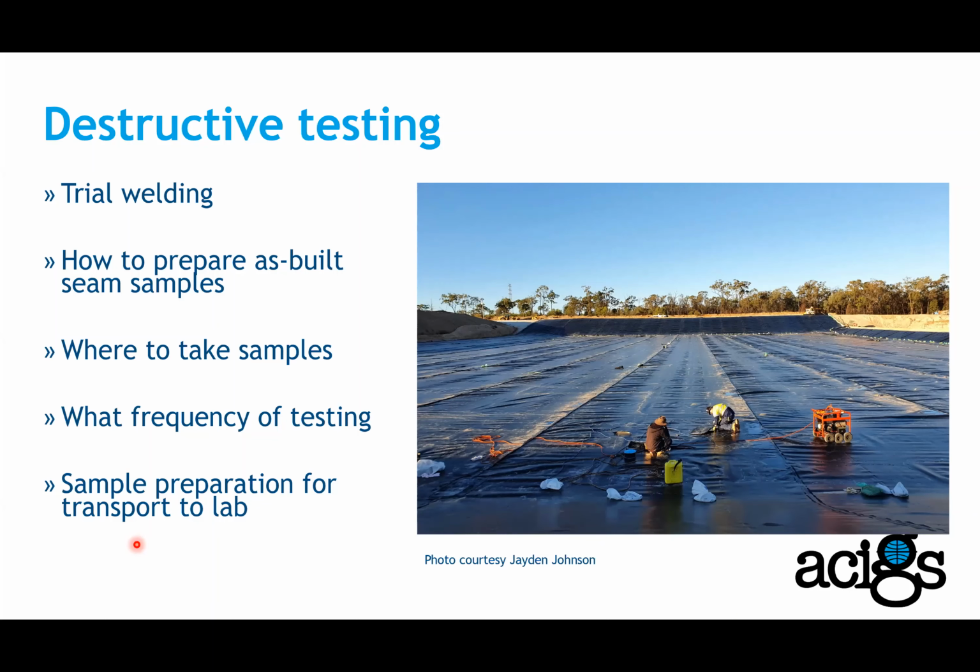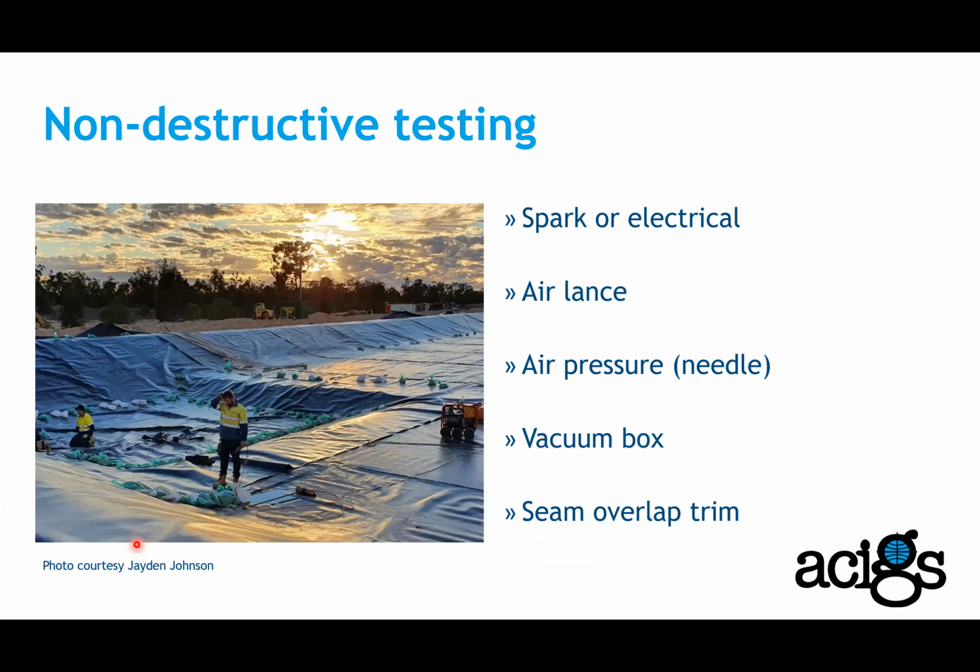Specification needs to have clear guidelines in there to help the CQA engineer and the contractor to make the best decision for the installation. So we have a good destructive testing regime for that installation. And also non-destructive testing.